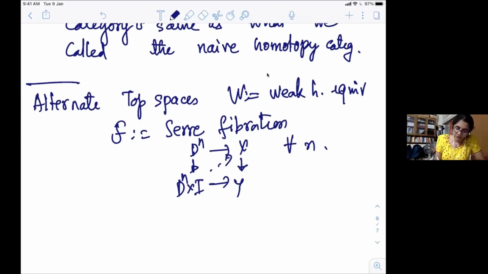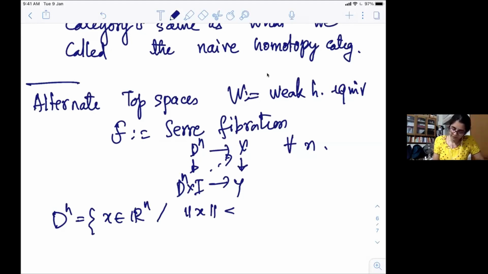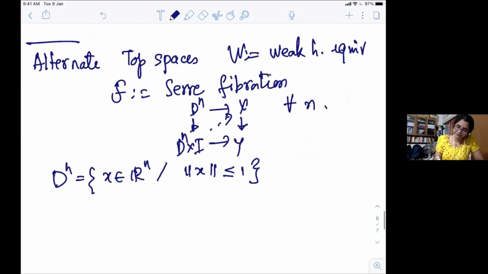I'm assuming this is standard notation, but let me just write it.